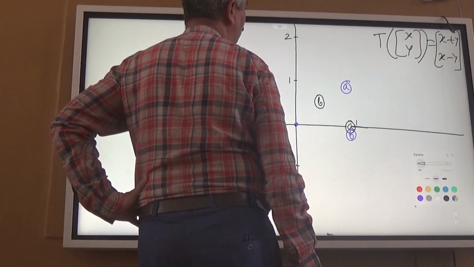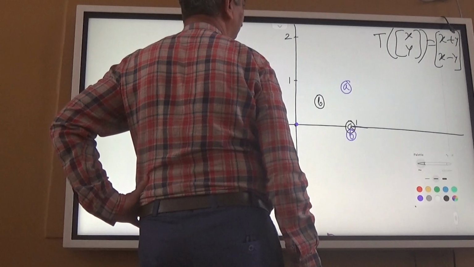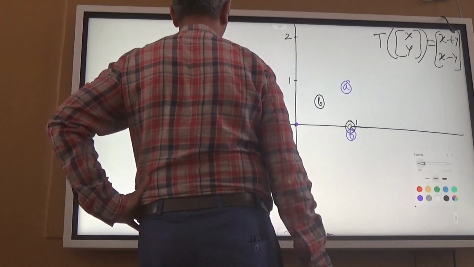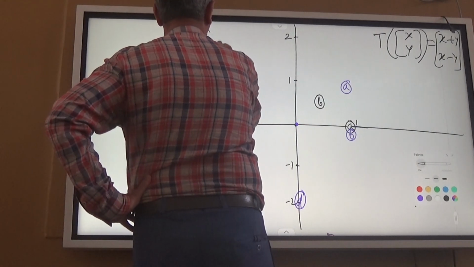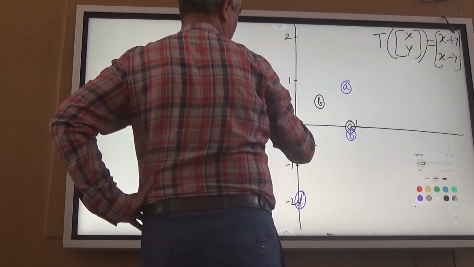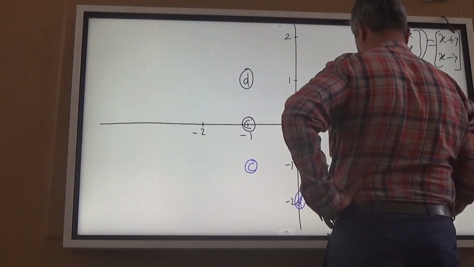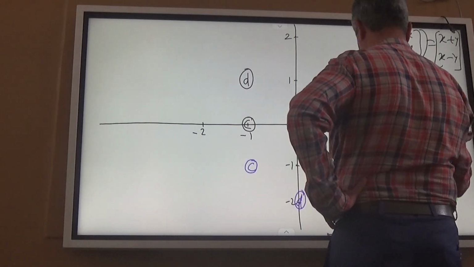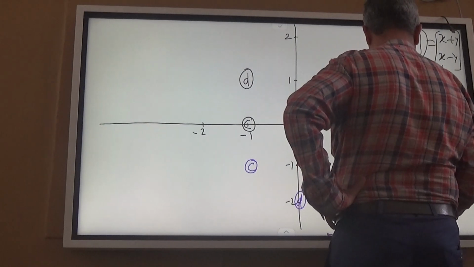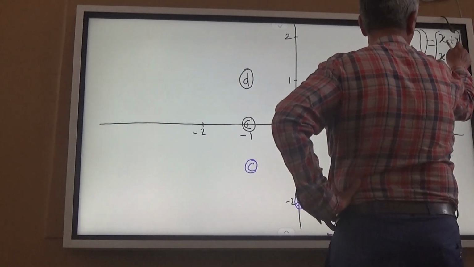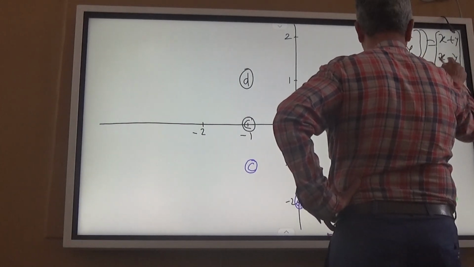Minus 2 2, 0, 2 minus 2, 0, and 2 minus minus 2.